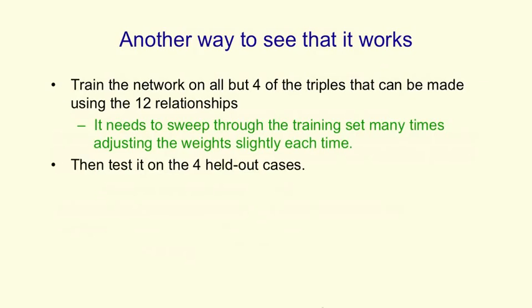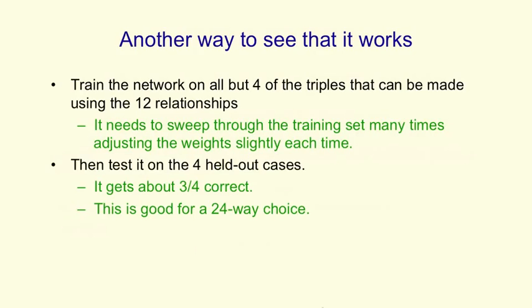So it's true it makes mistakes, but it didn't have much training data. There's not enough triples in this domain to really nail down the regularities very well. And it does much better than chance. If you train it on a much bigger data set, it can generalize from a much smaller fraction of the data. So if you have thousands and thousands of relationships, you only need to show it a small percentage before it can start guessing the other ones correctly.